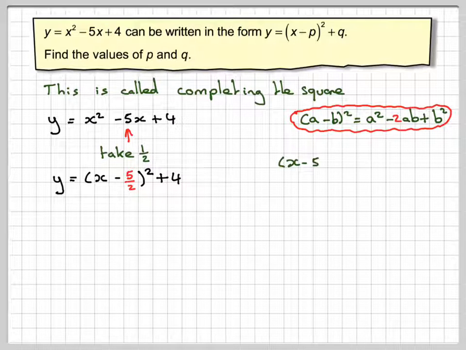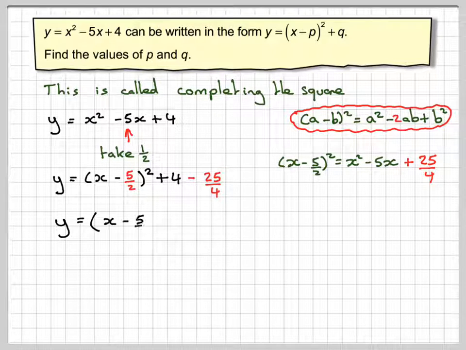One way to find out is to do (x minus 5 over 2) squared, which is equal to x squared minus 5x, and then if you square the last term, you get 5 squared, which is 25, over 2 squared, which is 4. So we've added 25 over 4 by doing this process. So in order to keep the balance with the original expression, we now need to subtract 25 over 4.